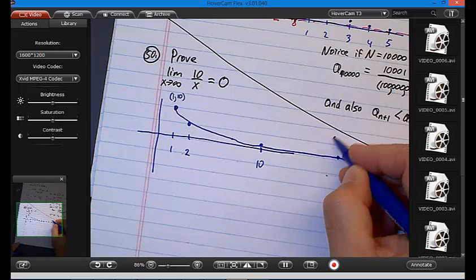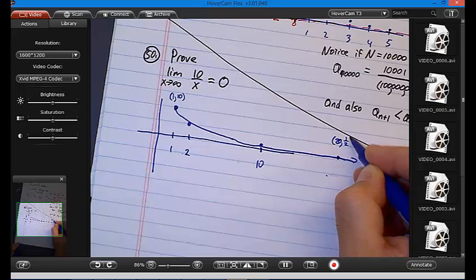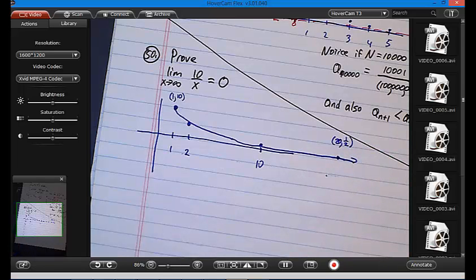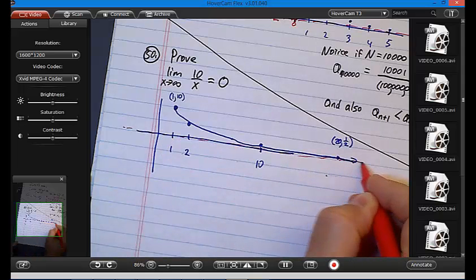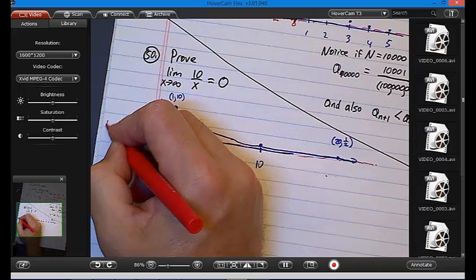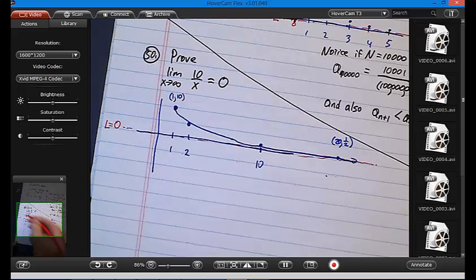So there's the point 20 comma 1 half. Are you with me? That's the picture. What do I think the limit is? I'd say the limit is L equals 0. Right? That's the limit.